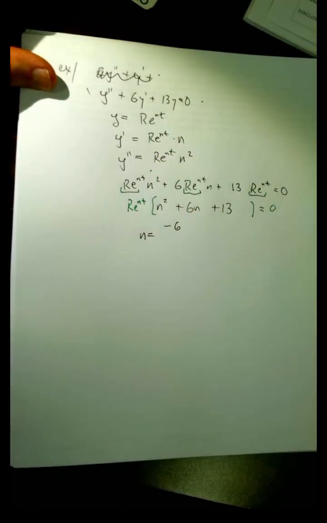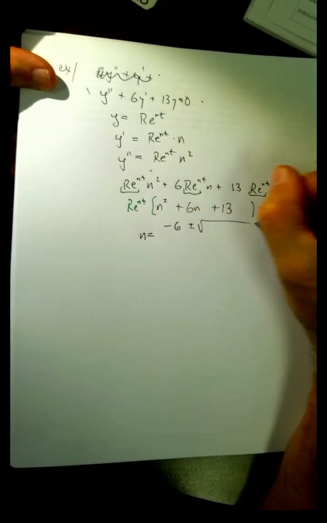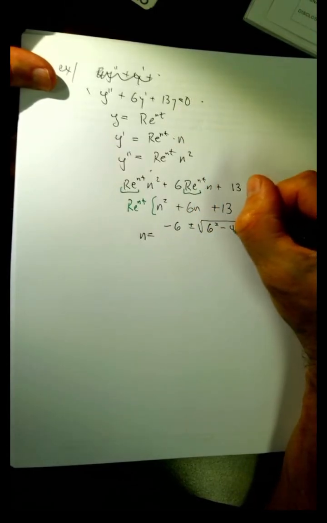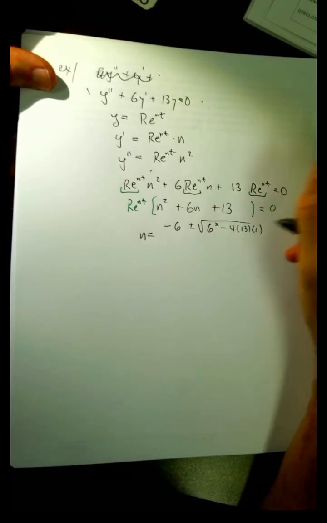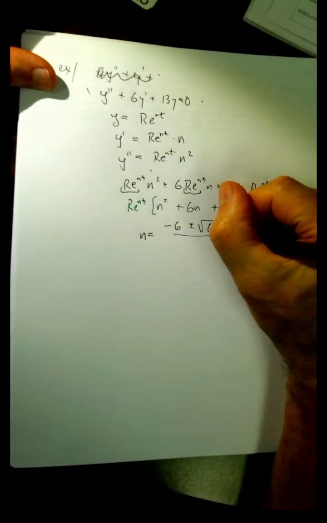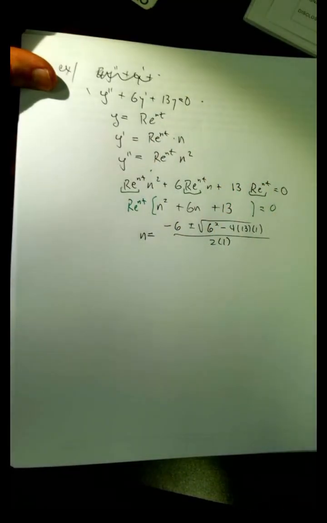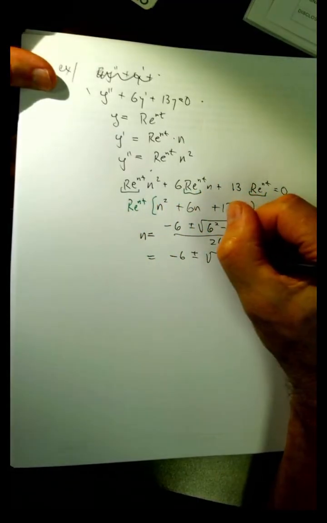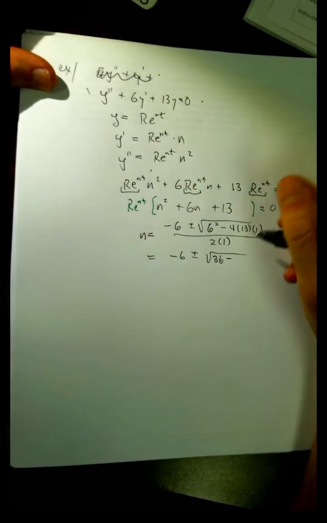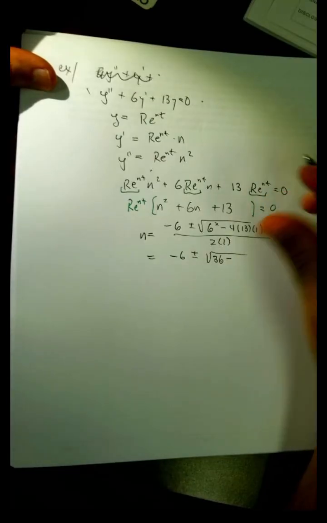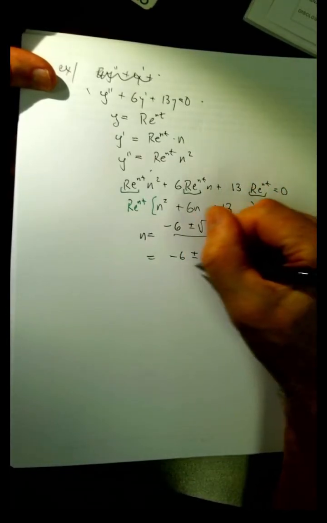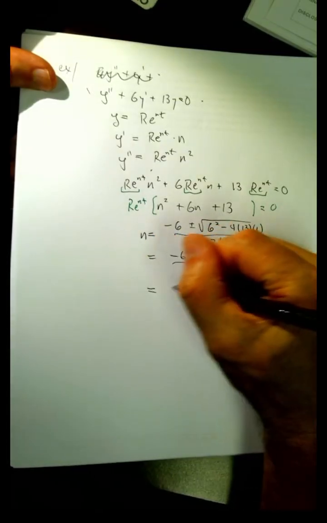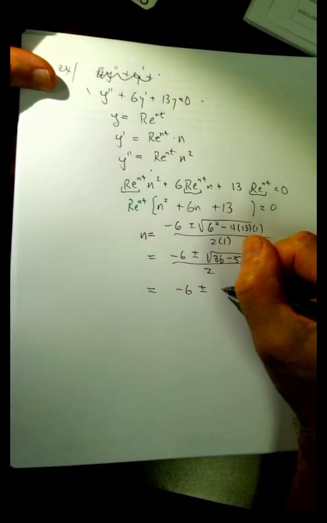So minus b, which is minus 6, plus or minus the square root of 6 squared minus 4 times 13 times 1, because there's a 1 in front of the n squared. A is 1, so all over 2. So we get minus 6 plus or minus the square root of 36 minus 52, all over 2.